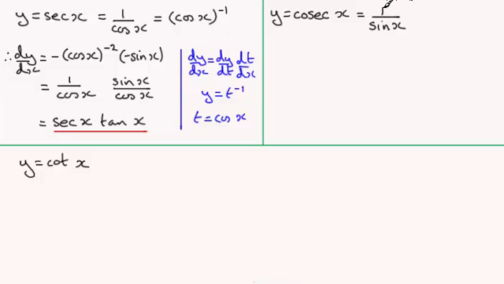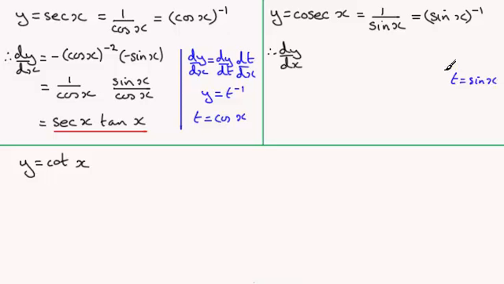So we write this now as sine x all to the power minus 1. And we're going to need to use the chain rule again to work out what dy by dx is. Only this time we're going to have y equals t to the power minus 1, same as we had before, but this time t is going to be equal to sine x.